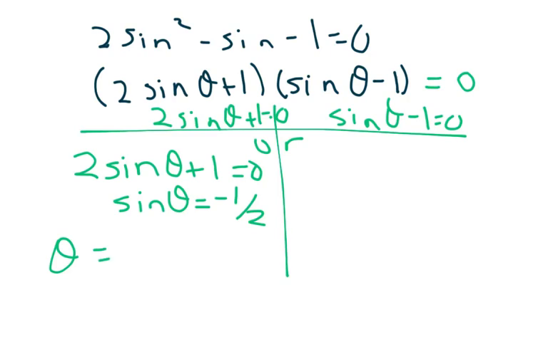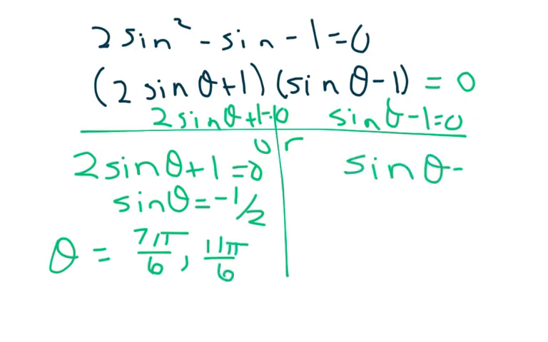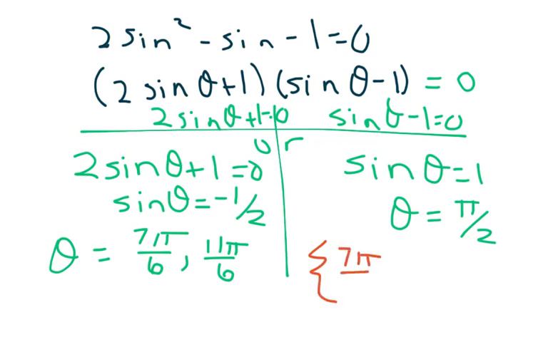And theta would equal 7 pi over 6 and 11 pi over 6. And this one is like the previous one. Sine of theta equals 1, so theta equals pi over 2. And in this case, we have a solution set of 7 pi over 6, 11 pi over 6, and pi over 2.